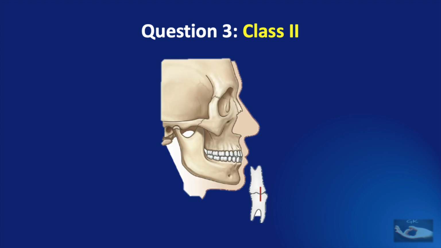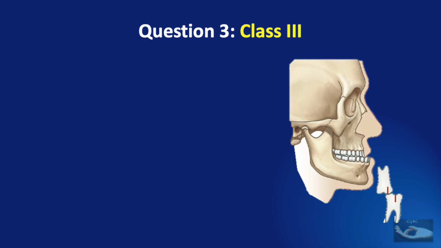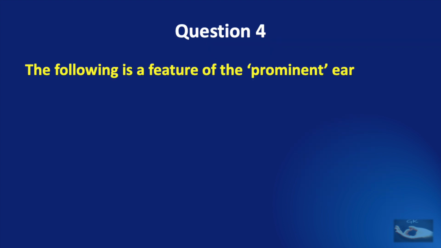In class 2 relationship, the mesial buccal cusp of the upper first molar articulates between the mandibular first molar and second premolar. So here the upper jaw has moved more anteriorly. In a class 3 relationship, the mandible is said to be prognathic, that is, it is more anterior when compared with the maxilla.